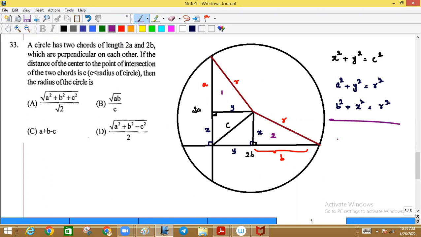If I add both of them, a square plus b square plus x square plus y square is equal to what? C square is equal to what? Therefore, r is equal to under root of a square plus b square plus c square by what? By 2. So it is under root of a square plus b square plus c square by root 2.